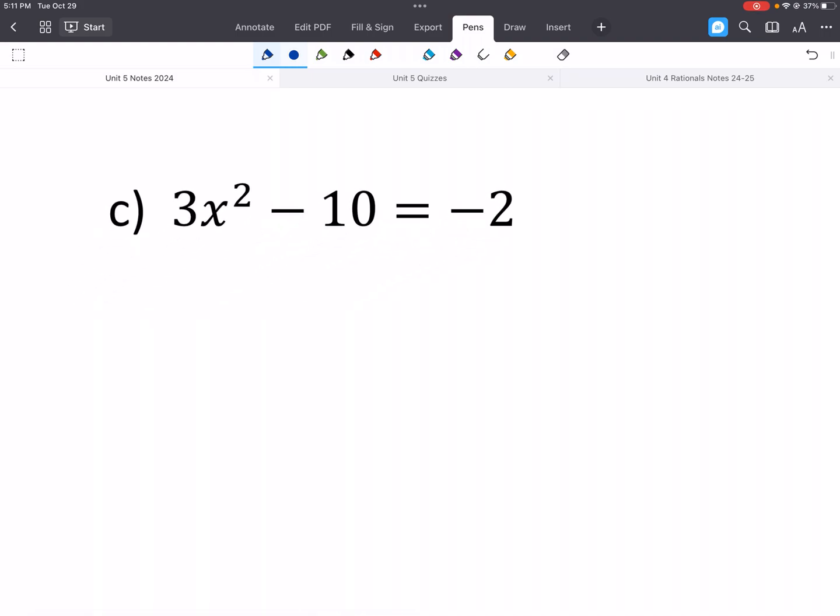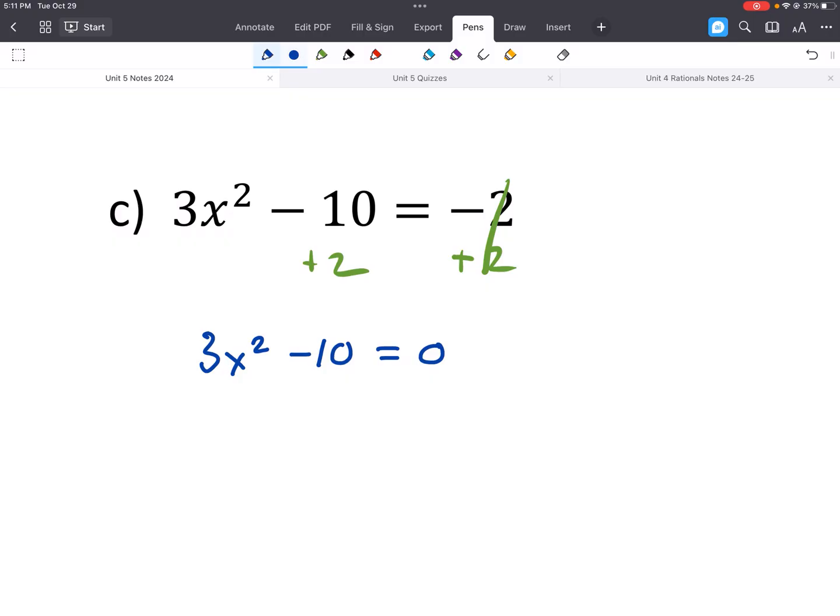Again, first thing is make sure it's in standard form. That's not in standard form. So we'd want to add 2 to like terms. So we'd end up getting 3x squared minus 10. Okay, identify A, B, and C. This looks a little different because we only have 2 terms.